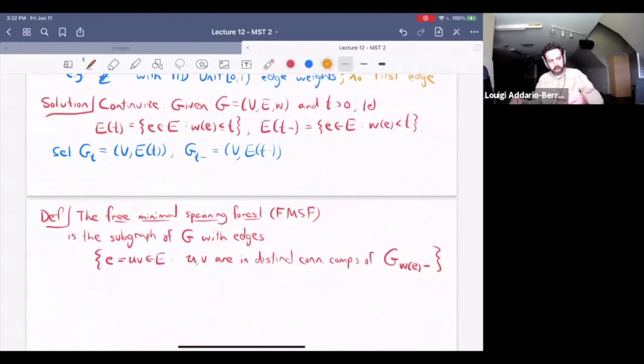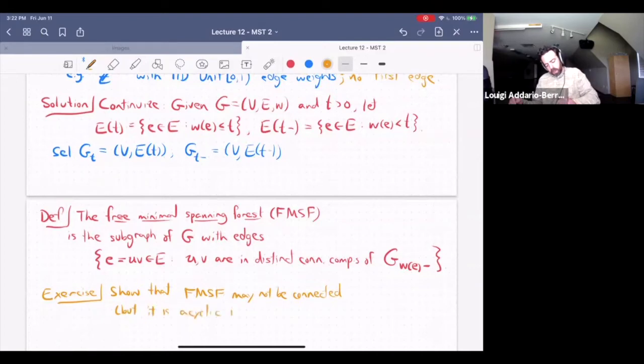Okay, and I'll leave you with something to think about in this definition, which is to show that the free minimum spanning forest may not be connected. But it is acyclic if all the edge weights are distinct.